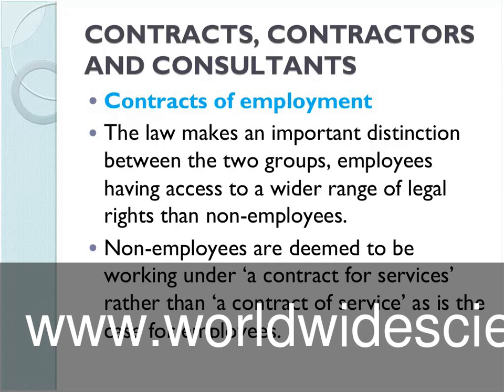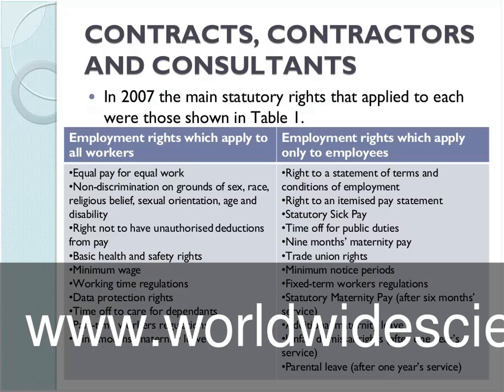So here, in 2007, the main statutory rights that applied to each were those from table 1. We can see the employment rights which apply to all workers. What are they actually? Equal pay for equal work, non-discrimination on grounds of sex, race, religious belief, sexual orientation, age, and disability, the right not to have unauthorized deductions from pay, basic health and safety rights, the minimum wage.